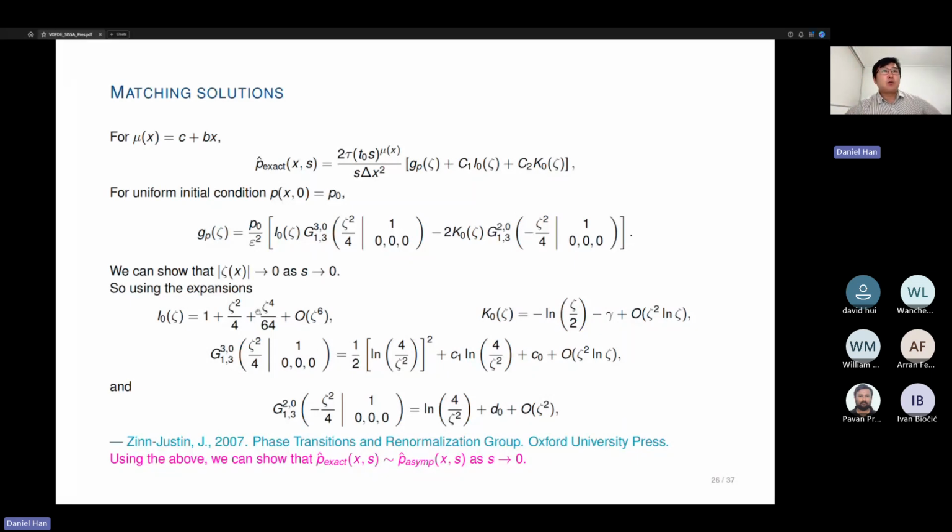He showed that in the limit as s goes to 0, these expansions lead us back to the asymptotic solution that Sergey and I had published a year previously. And interestingly enough, the identities that we needed came from quantum field theory. There was a quantum field theory textbook that already contained these asymptotic expansions for the Meijer G functions.